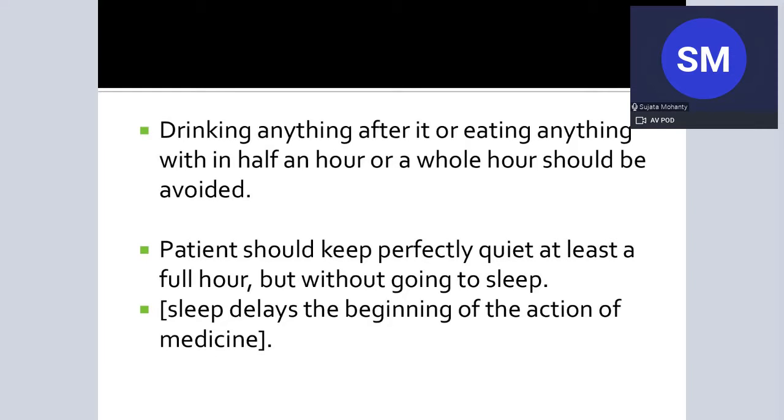Drinking anything after it, or eating anything within half an hour or a whole hour, should be avoided. Patients should keep perfectly quiet for at least a full hour, but without going to sleep, because sleep delays the beginning of the action of the medicine.